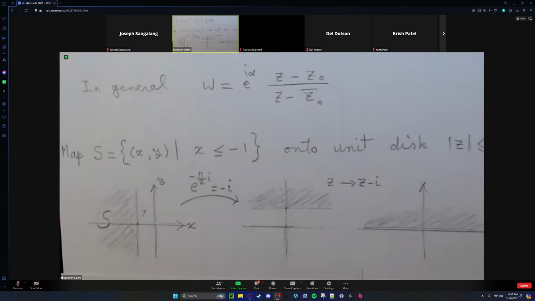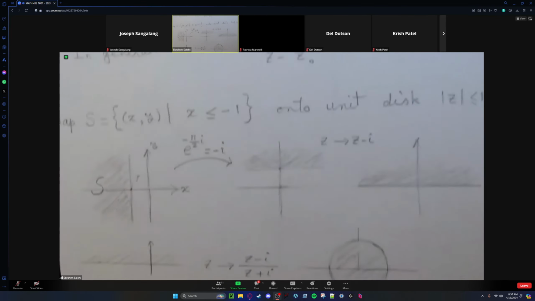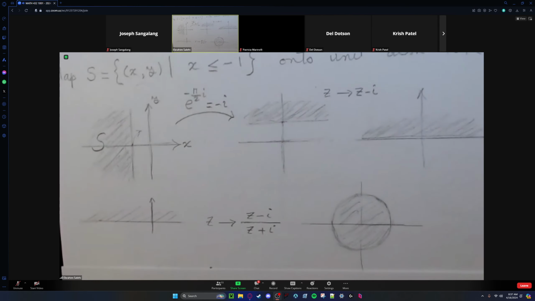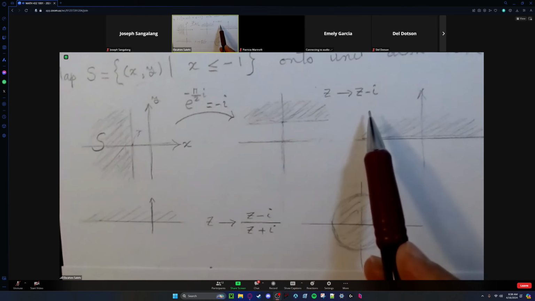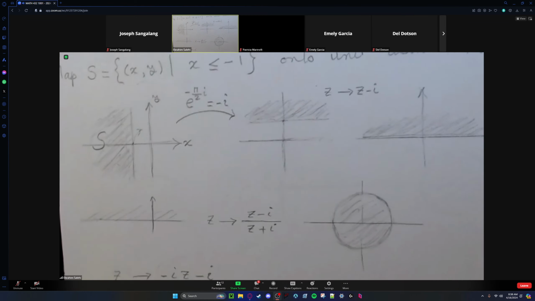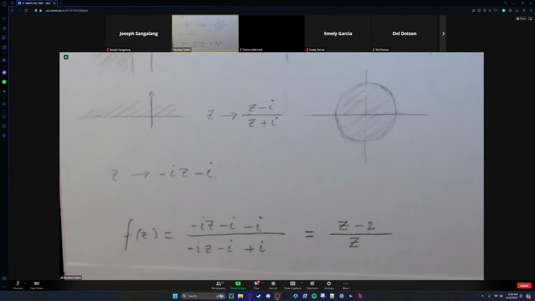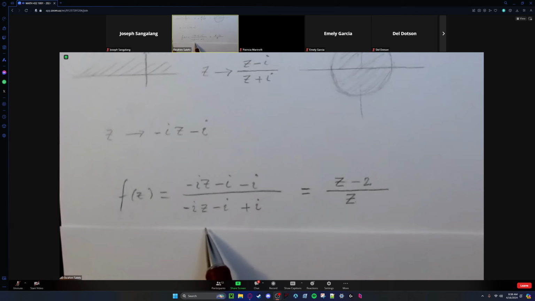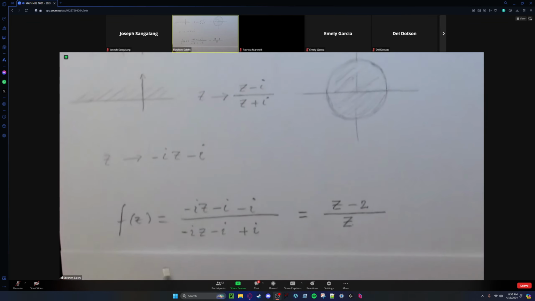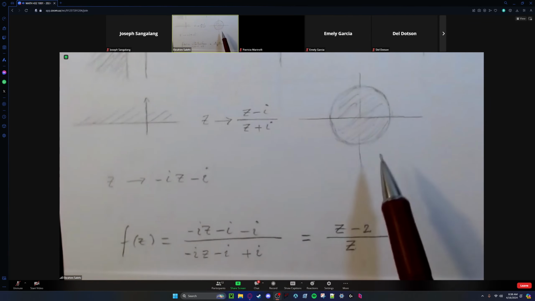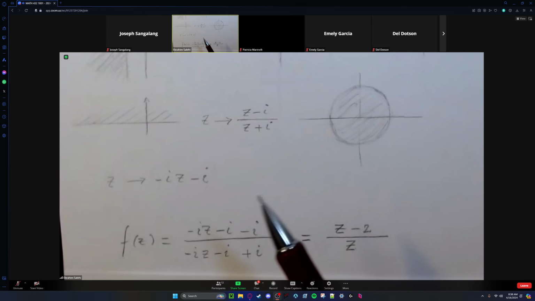And here is the last transformation. If you put all these together, here you are multiplying by negative i. Then you are subtracting i. And then you're applying this. Putting all together, this is the transformation. After simplifying, this transformation actually does the job, maps S into this unit disk.